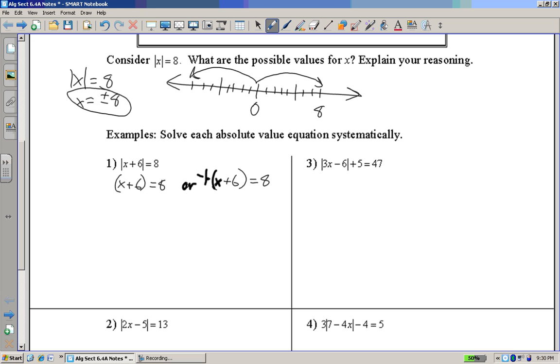Negative 1 times x plus 6 equals 8. I'm going to divide by negative 1 on both sides, and we're going to get x plus 6 equals negative 8.